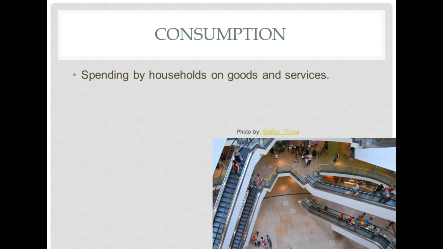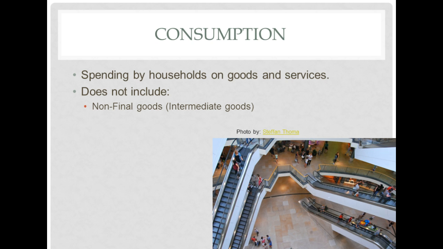As long as whatever you purchased, whether it's a thing or it's something someone did for you, as long as that thing had value, then we count that as part of the GDP. Now, what we should also note is what it does not include. What is not considered consumption for the purposes of GDP?